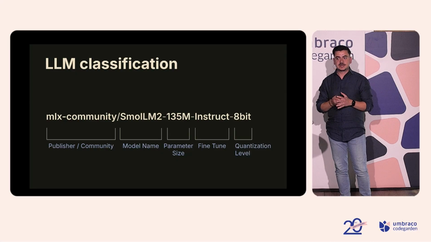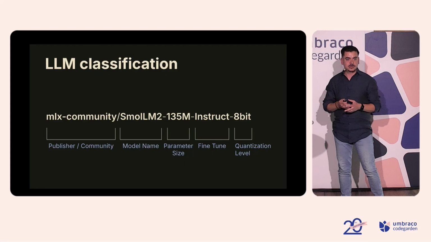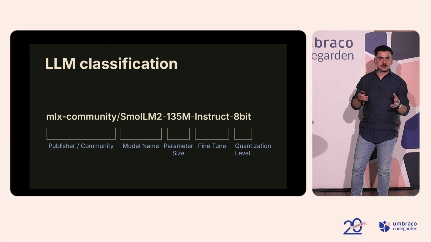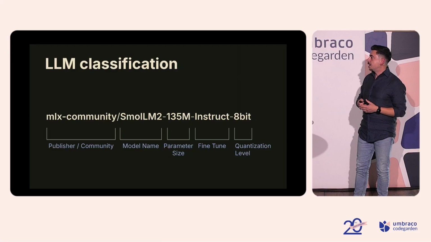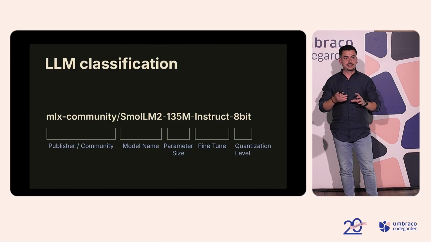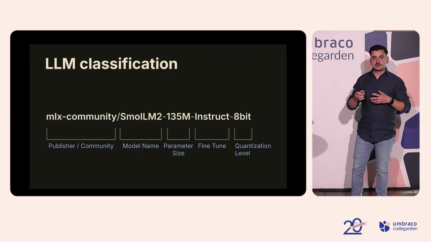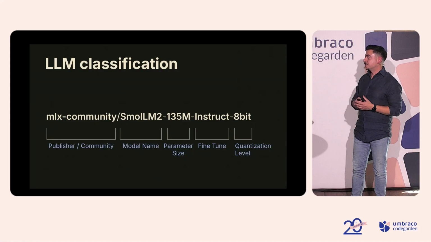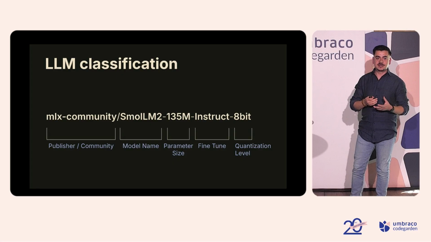And the last one is the quantization level. You can see this as a sort of compression. So typically, models are shipped with 32 bits precision. So this is quantized to the level of 8 bits to save some space. So you actually compress and round the precision of the float, which decreases the size of the model quite a bit, but the quality also compromises.